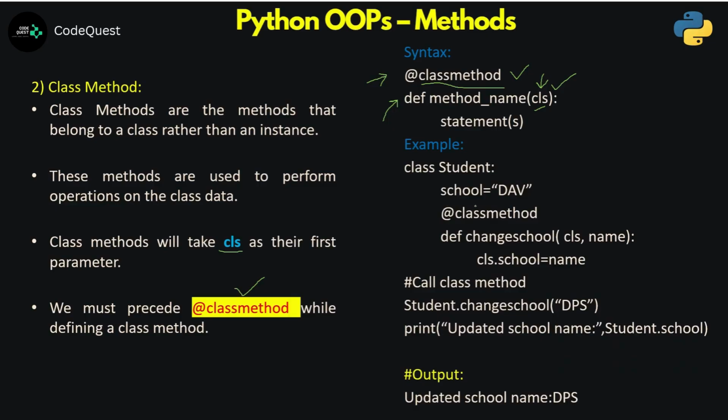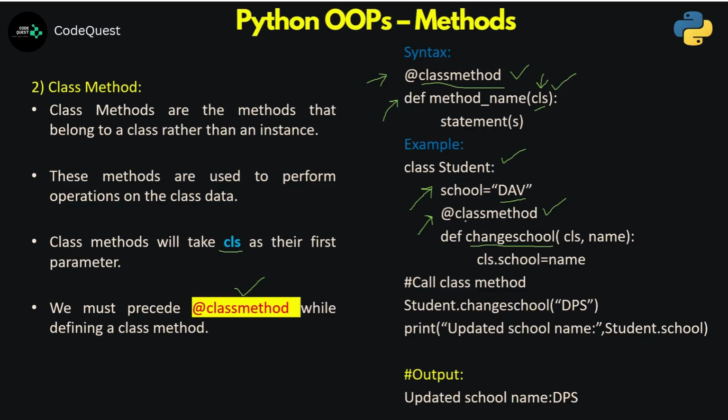Now let's say we have taken a class called Student. Here we have taken school equal to, let's say, some DAB we have set initially. Now this decorator indicates that the immediate method that we have defined is going to act as a class method. Now change school is going to act as a class method.